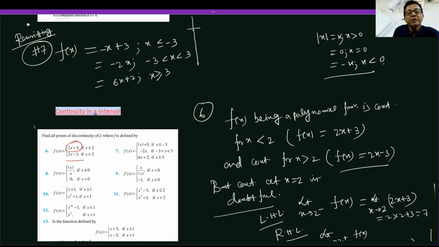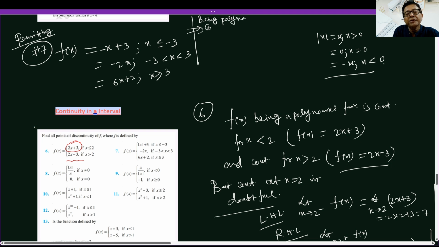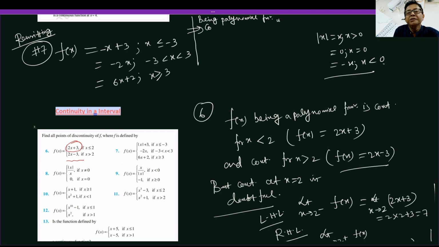So this function, same statement, being a polynomial function, it is continuous for x less than minus 3, x greater than minus 3 and less than 3, and x greater than 3.